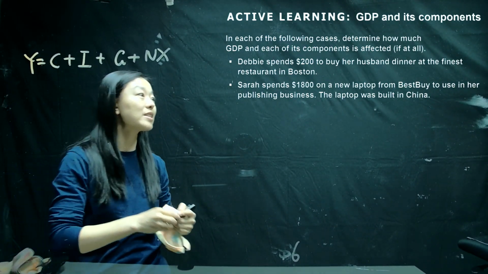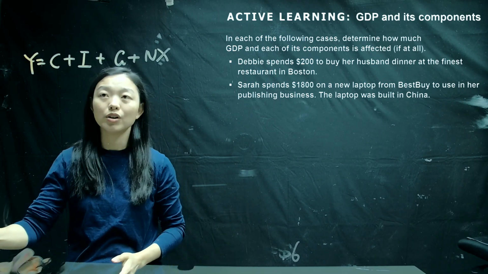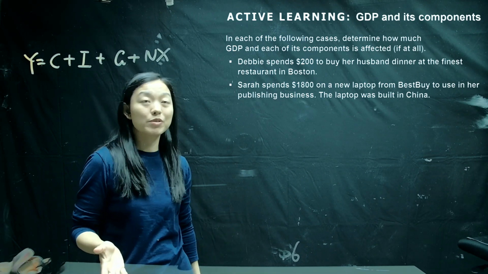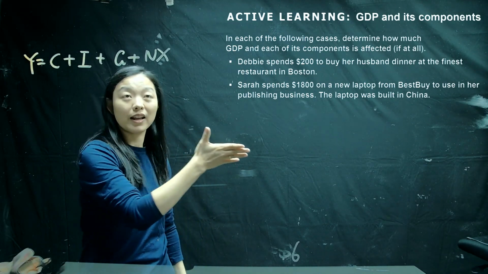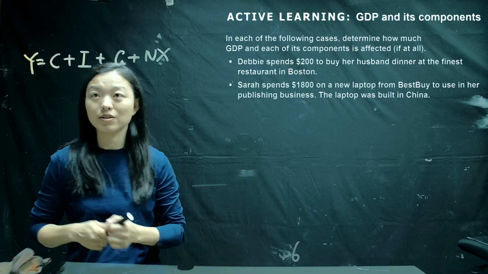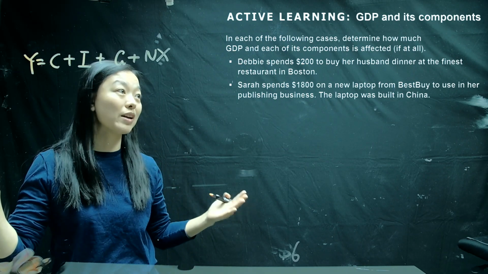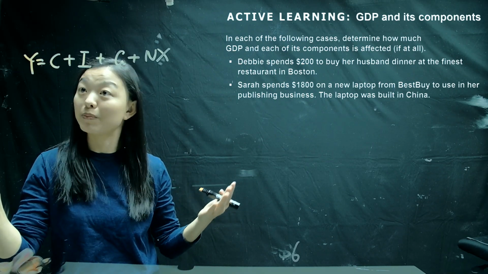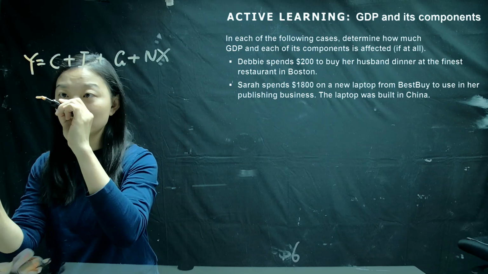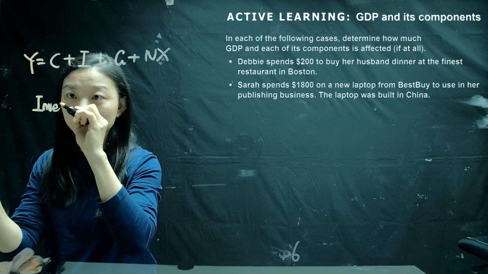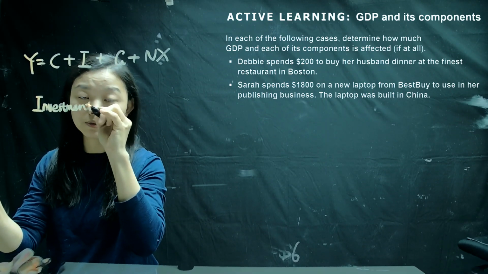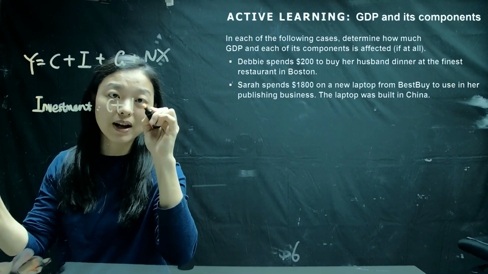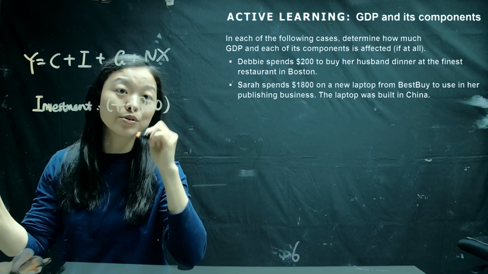When Sarah spent $1,800 for a new laptop from Best Buy for her business, that means she will spend the money on business fixed investment, right? So business fixed investment here will increase by $1,800.